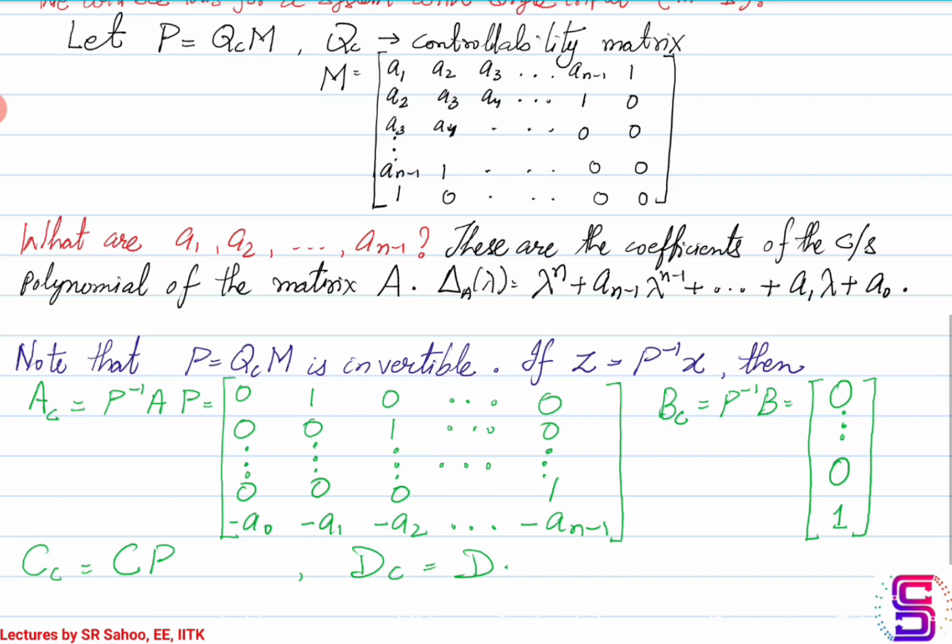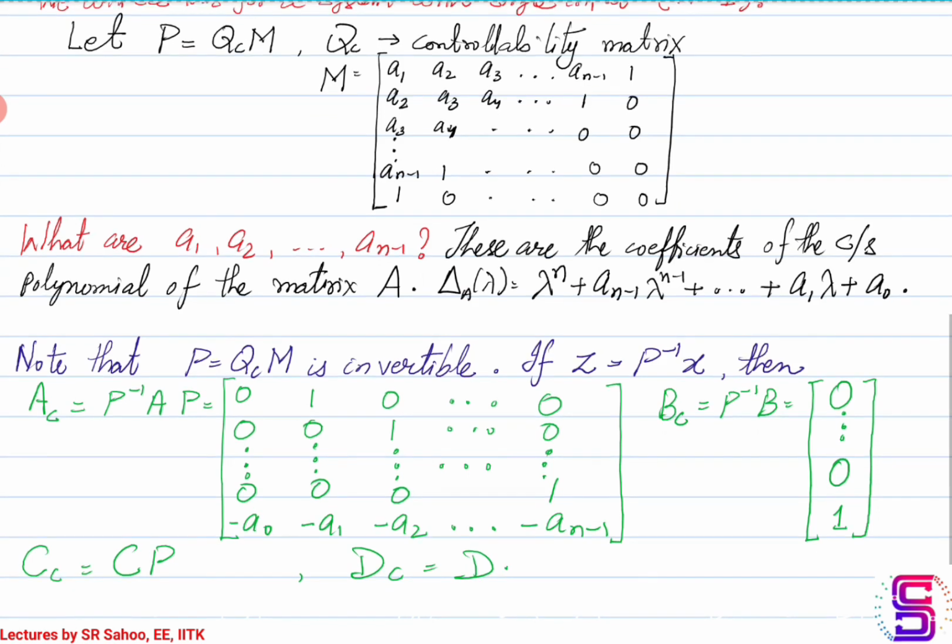Now the last row has all the coefficients of the characteristic polynomial of A. Here a0 is one of the coefficients in the characteristic polynomial of A, the one associated with lambda to the power 0. If you notice, it is minus a0. Similarly, minus a1, where a1 is the coefficient of lambda.